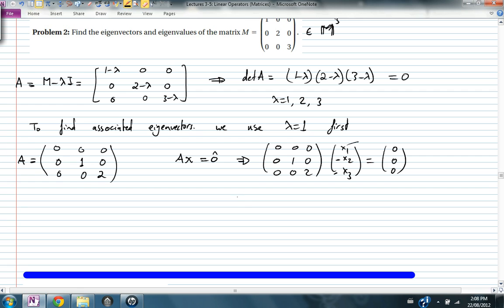So eigenvector 1 is equal to x1, 0, 0. And let's say first eigenvector.